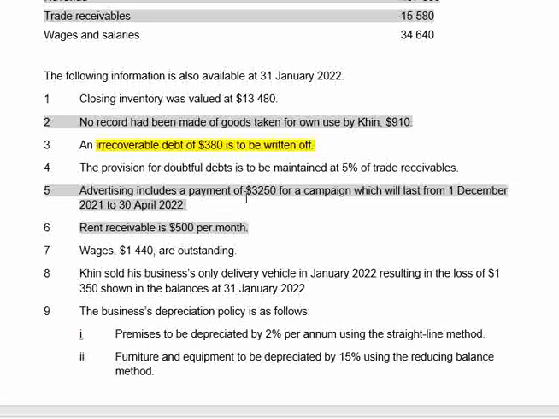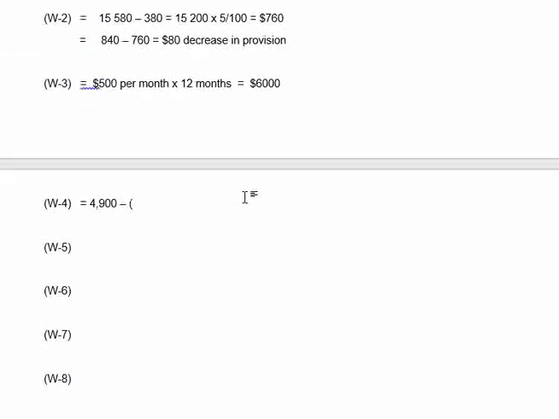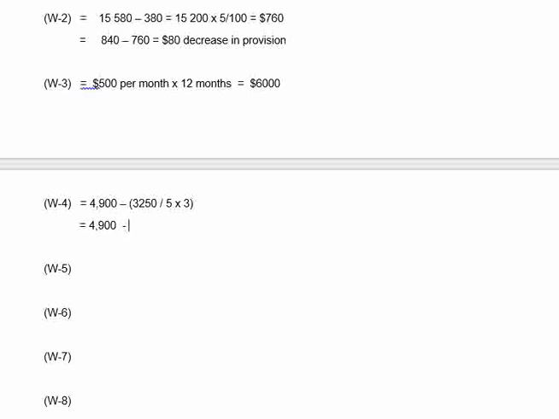So this payment is for 5 months, and out of that, 3 months relate to the next year. If we calculate it further, 1,950 is prepaid.